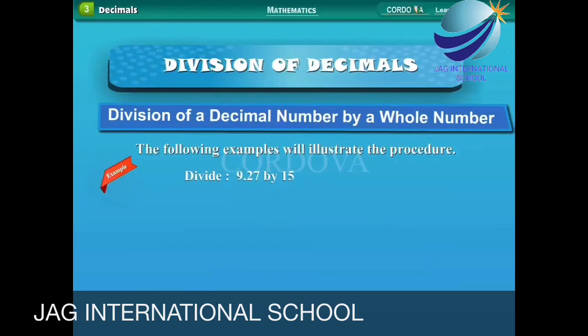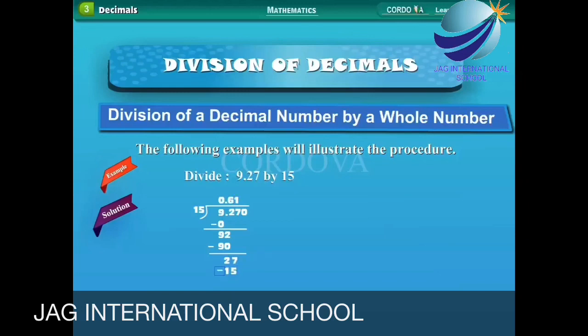Example: divide 9.27 by 15. Solution. On dividing 9.270 by 15. First of all, 15 multiplied by 0 is equal to 0. On subtracting 0 from 9, we get 9. Then we drop out 2. We get the required number 92. 15 multiplied by 6 is 90, which is nearest to 92. On subtracting 90 from 92, we get 2. On dropping out the number 7, we get the number 27. 15 multiplied by 1 is 15.